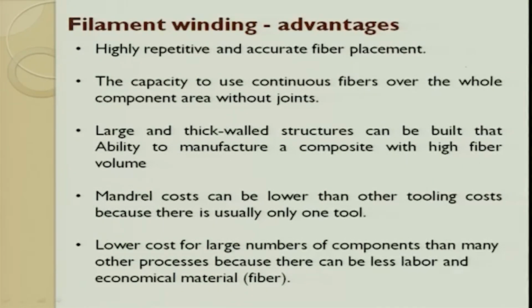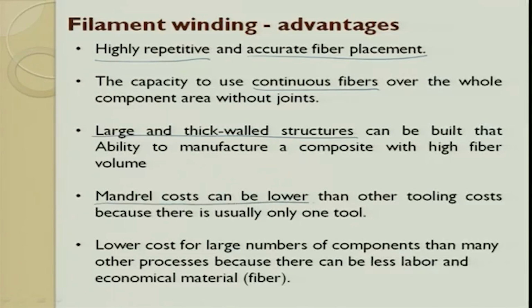So the major advantage: it is a highly repetitive and accurate process. Continuous fibers are used, so the strength of the part is very good, and though we said there are three defects, the number of defects can be reduced to a large extent. Large and thick wall structures can be easily made depending upon your requirements.